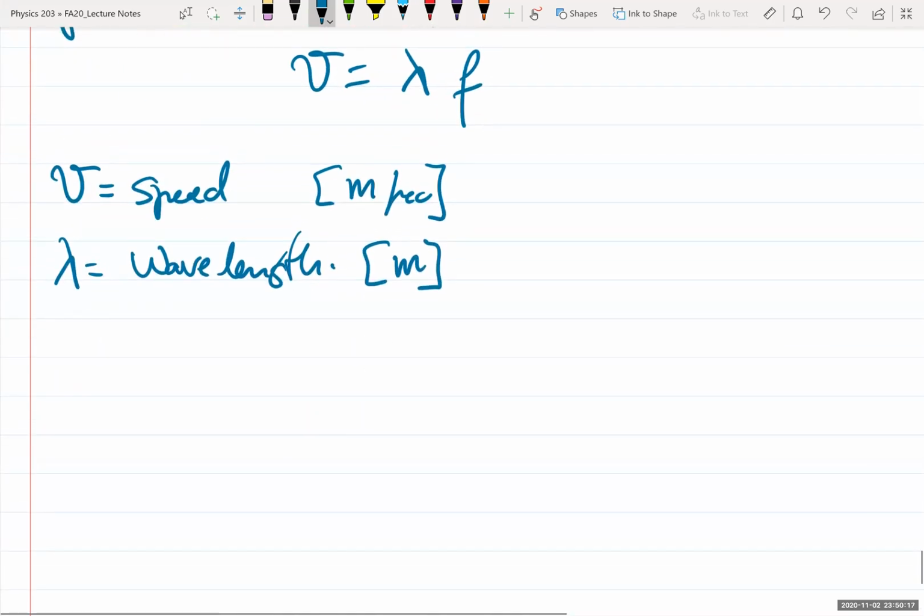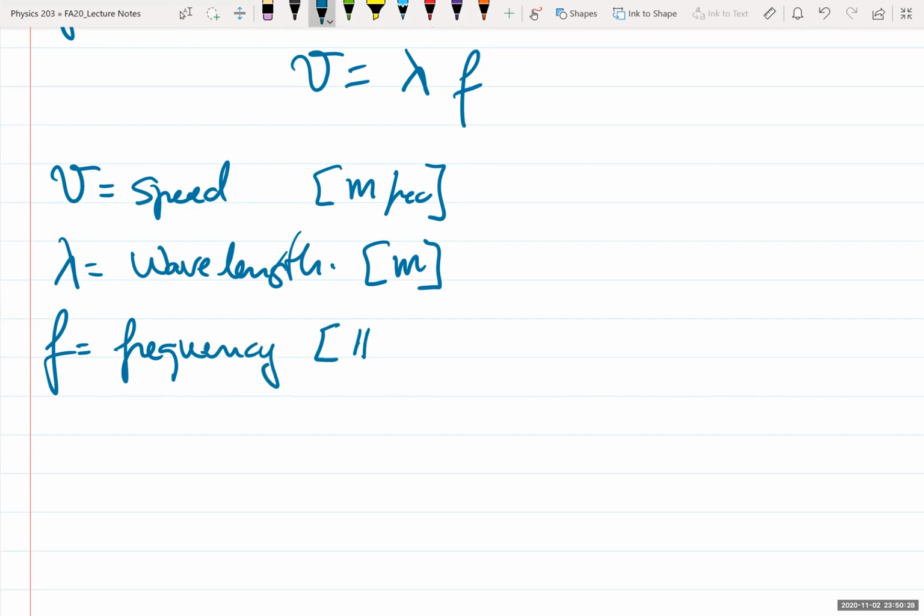Wavelength is in meters, and f is the frequency. The frequency is in hertz, and a hertz is nothing more than 1 over seconds.